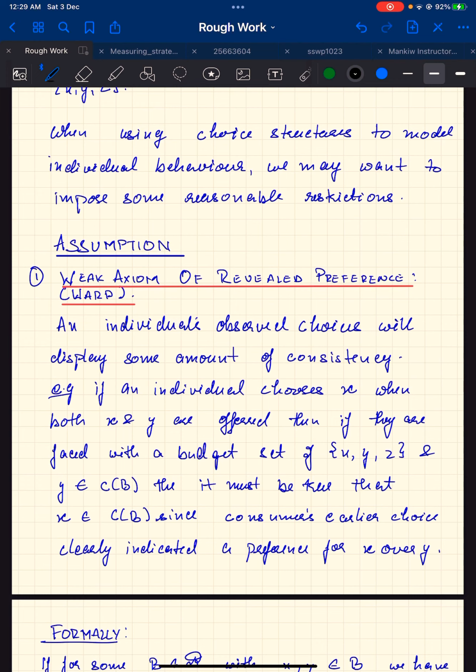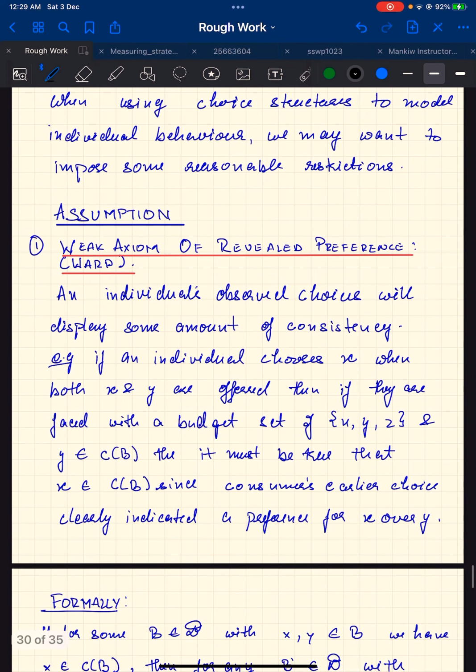For example, when an individual is faced with choosing between X and Y and chooses X, then if the individual has another budget set which includes X, Y and Z, it would be odd if the individual chooses Y and does not choose X.